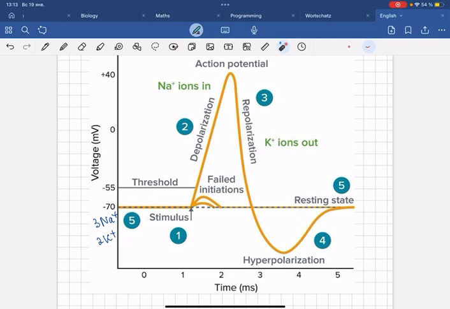Here, we have the rule everything or nothing, because as you can see here, failed initiations. That means that if the stimulus does not reach the threshold of minus 52, the action potential won't be initiated.